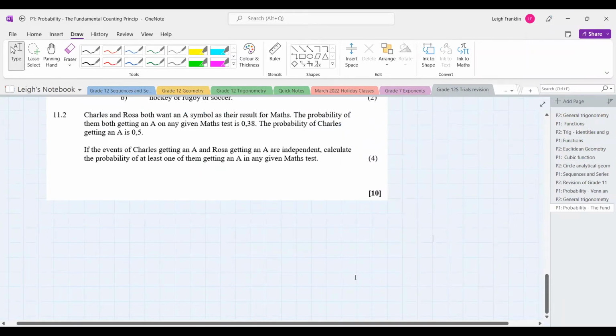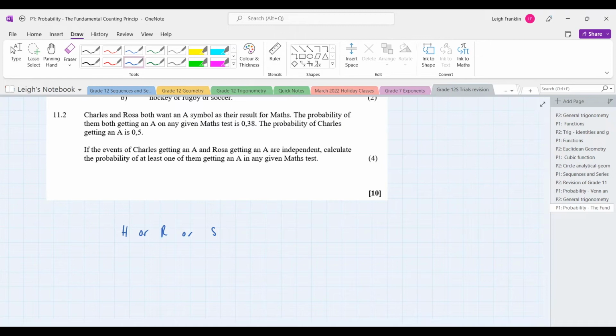All right, so when we're talking about the word or, if we mean hockey or rugby or soccer, they're talking about everything that's inside the H, everything inside the R, everything inside the S, including the areas of intersection. Maybe it's actually better for me to just go back up and use this rather than try and draw others.